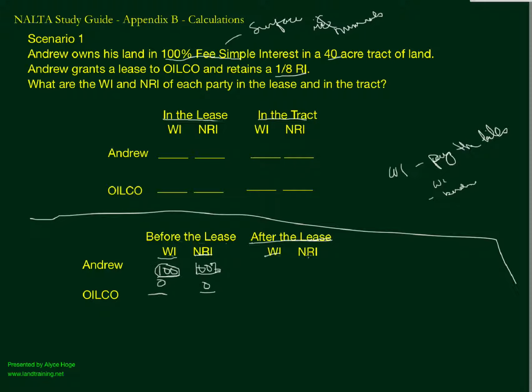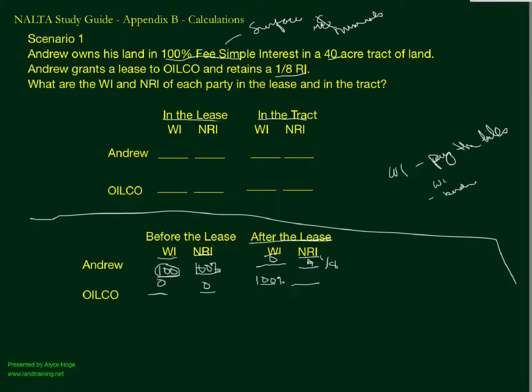So let's look at what happens after the lease. Andrew is giving his 100% working interest to Oil Company. So Oil Co. now owns 100%, and Andrew owns 0 of the working interest. He says, okay, Oil Co., you're going to pay all the money. But what he does get is this 1/8 royalty.